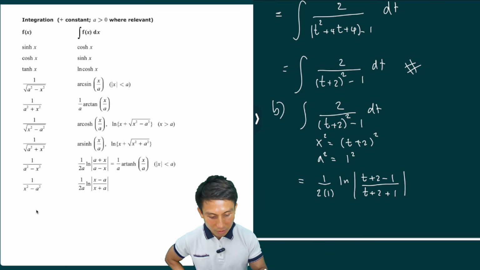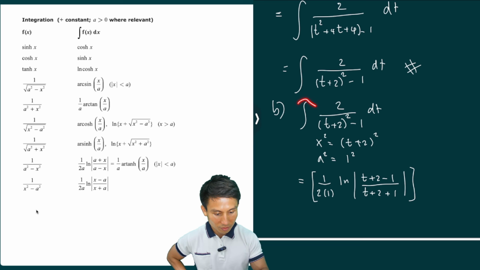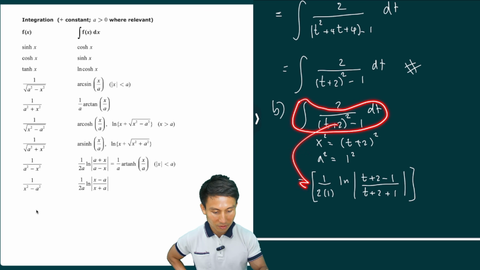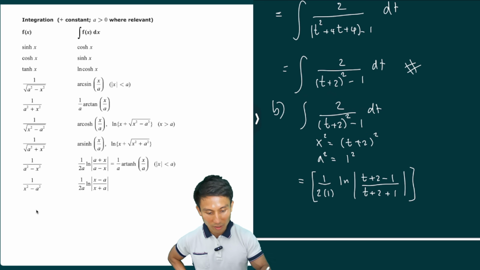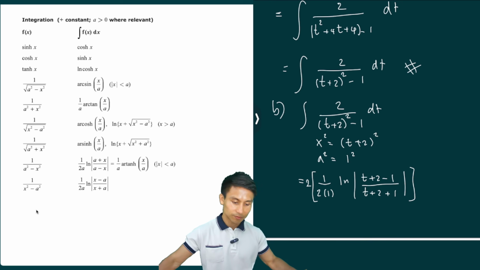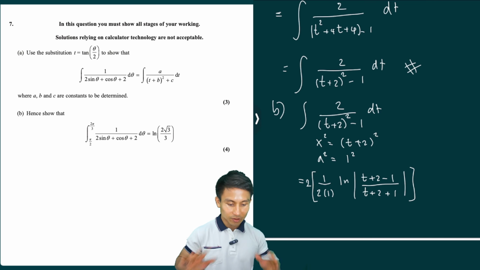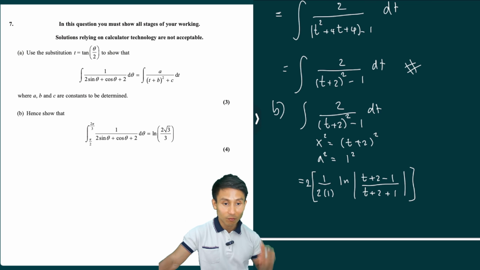And then we have a 2 outside as well, because this is just for that. So I've got to put a 2 here as well. And then we just simplify, and then we put on the limits.